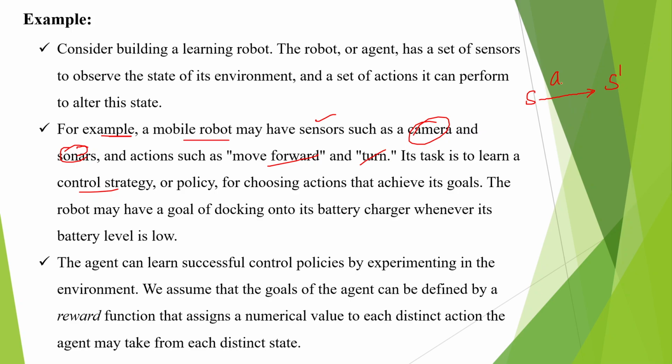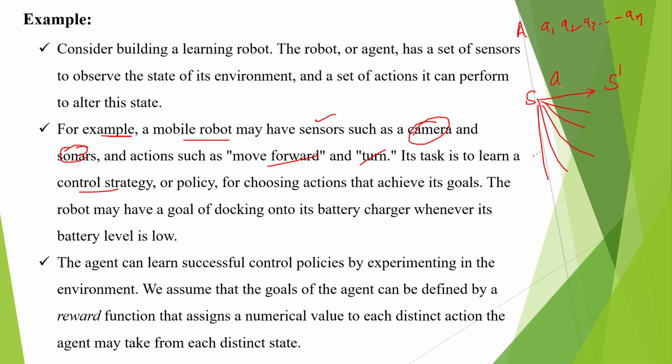Here we are going to have different types of actions, not just one. Here we are going to have some n number of actions, say A1, A2, A3 and so on up to AN. We call it the action set, and we denote it with capital A.